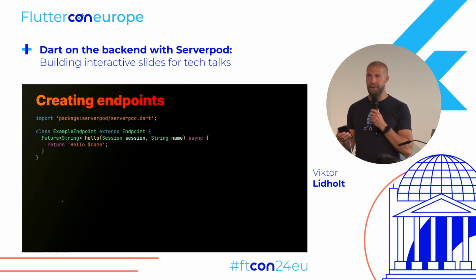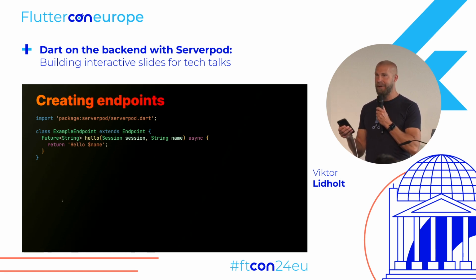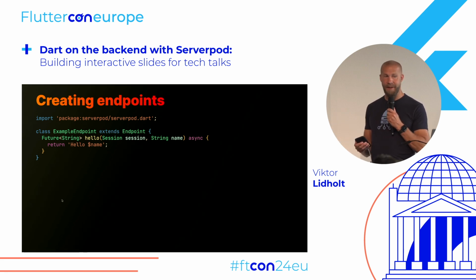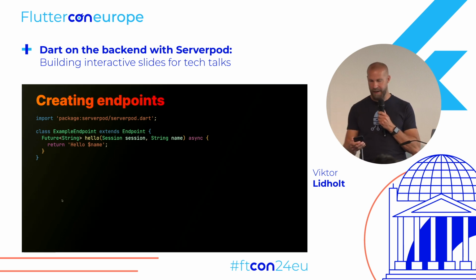And then we added one method to it, and that's the hello method. It returns a typed future, which is a string, so it's a future string. The first parameter is the session object, and then we can have any number of other parameters here. In this case, we just have another string, but this can be your models or other Dart primitives. And we just return the name with hello before it.